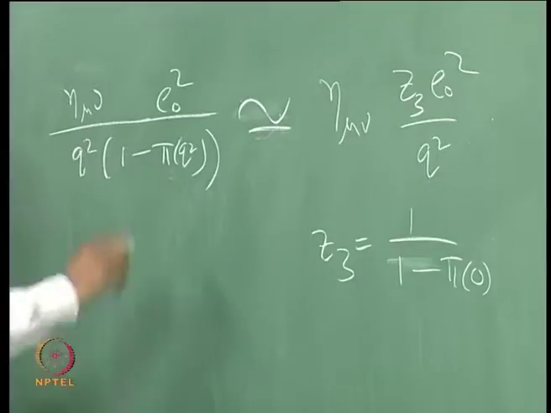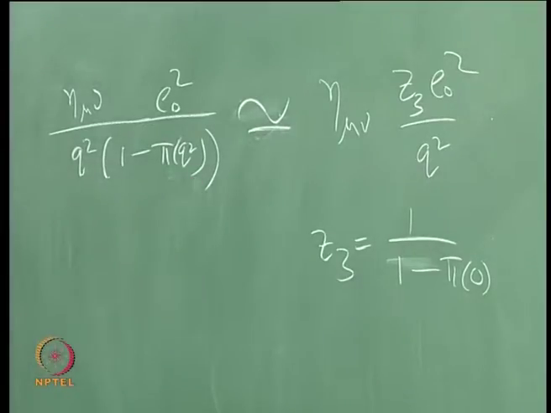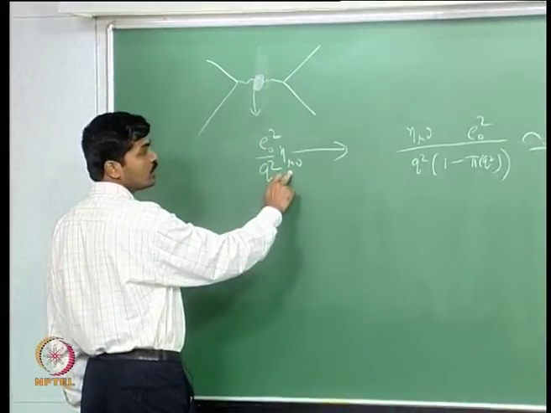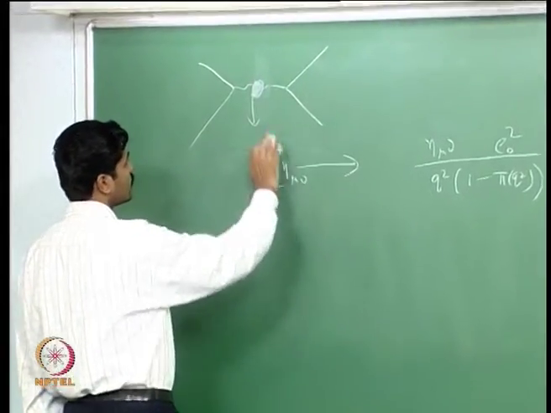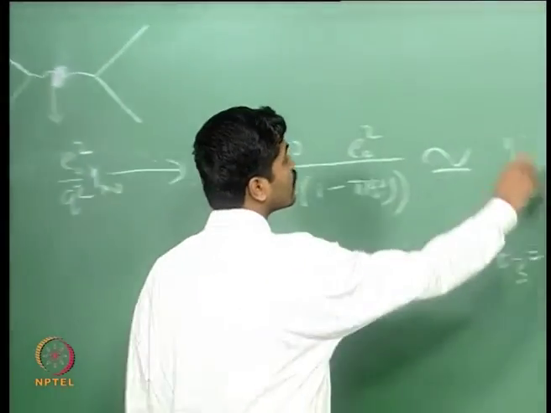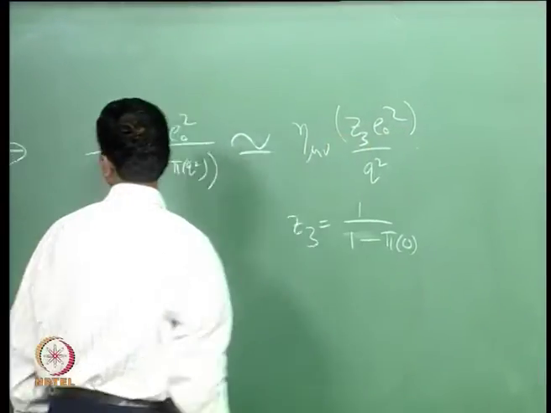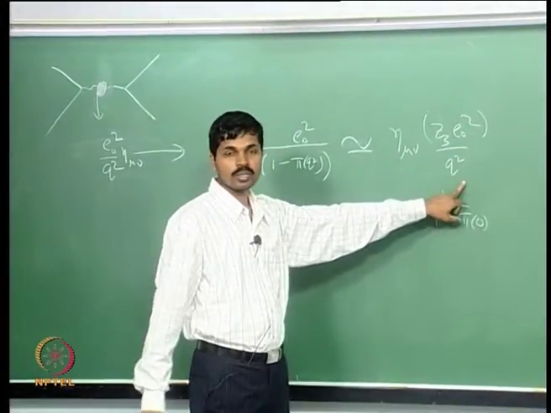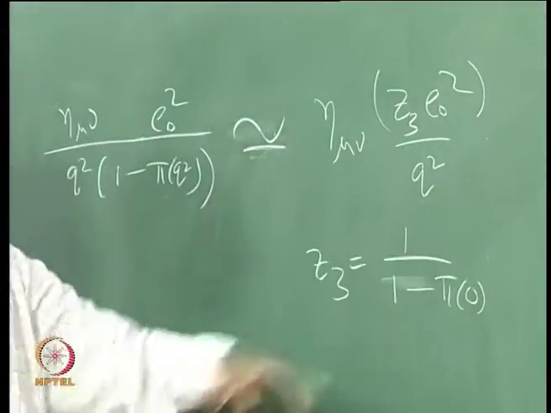So, the role of these quantum corrections, instead of simply e0 squared eta mu nu, which you get at tree level, is that when you include quantum corrections you get z3 times e0 squared eta mu nu divided by q squared.